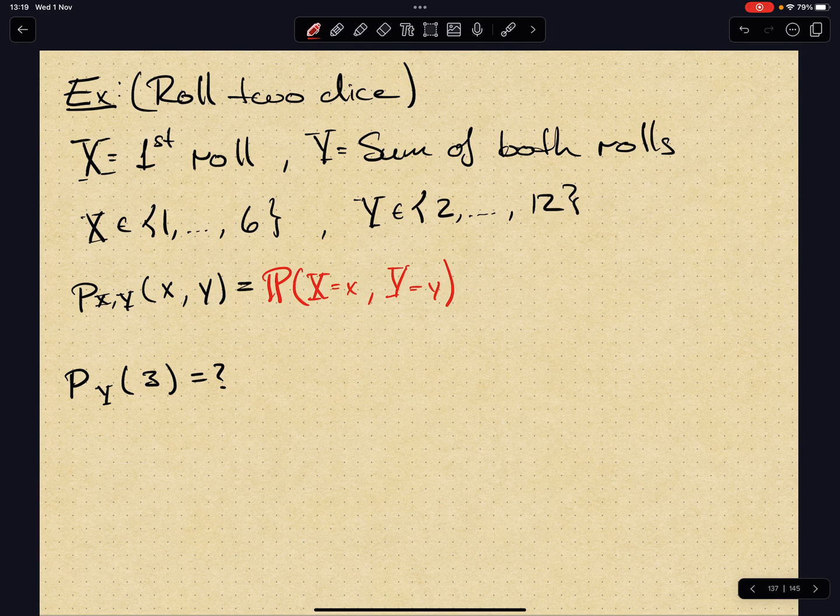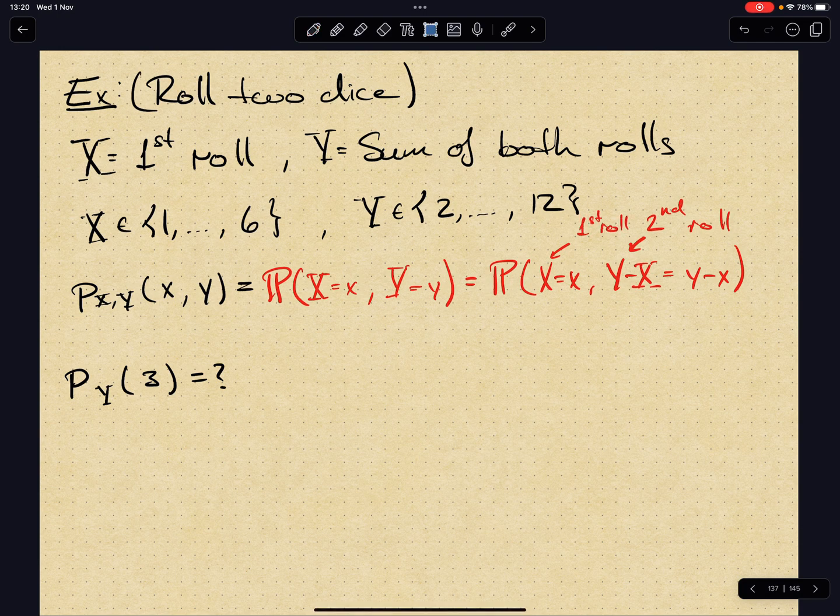The thing to notice is that if you know the first roll and the sum of the two rolls, you actually know what the second roll is, because you can take y, the sum of the two, and subtract the first. So that's going to be the probability that x is equal to x and y minus x is equal to y minus x. This is the second roll, and this is the first roll.